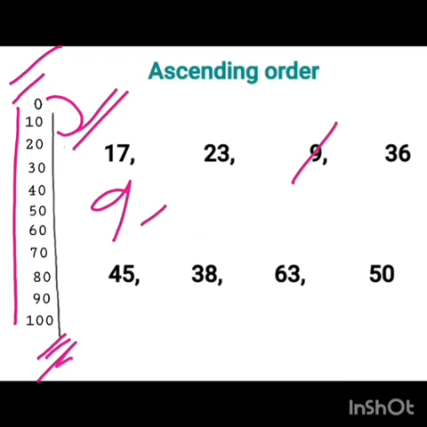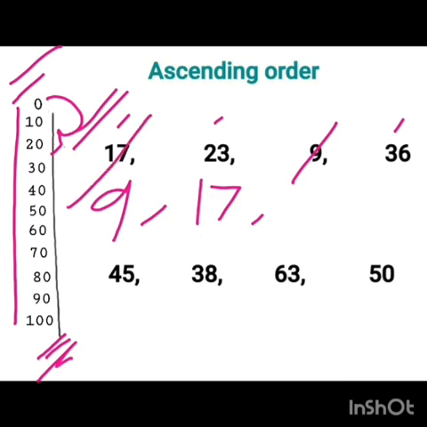So then we have how many numbers? 17, 23 and 36. So we will see in 10 to 20 range. In the 10 to 20 range, do we see any number? Yes. We see which number? We see 17. You have to write here 17, right? And we'll cut this.